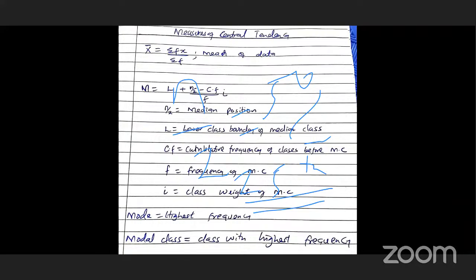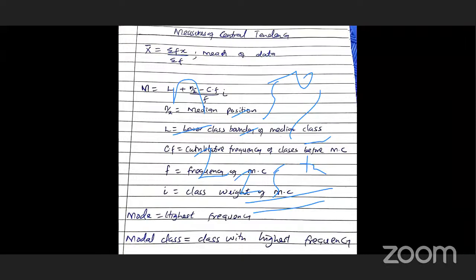Then CF is the cumulative frequency of the classes just before the median class. F is the frequency of the median class. The letter I is the class weight of the median class. We've talked about what class weight is.